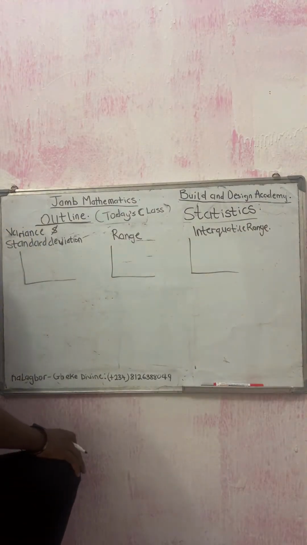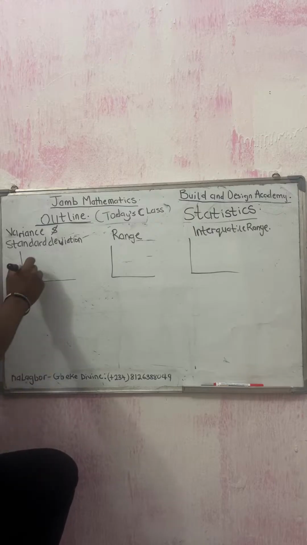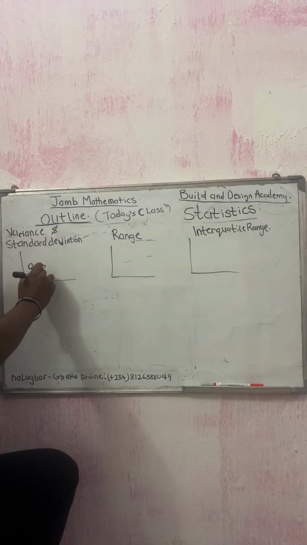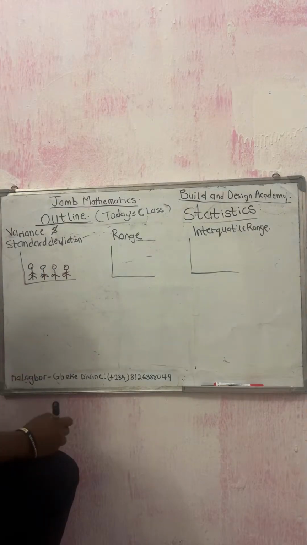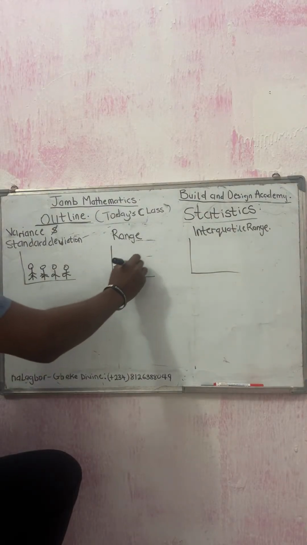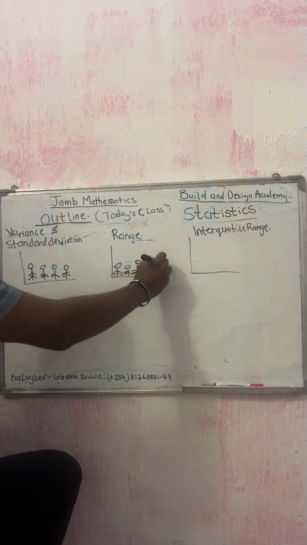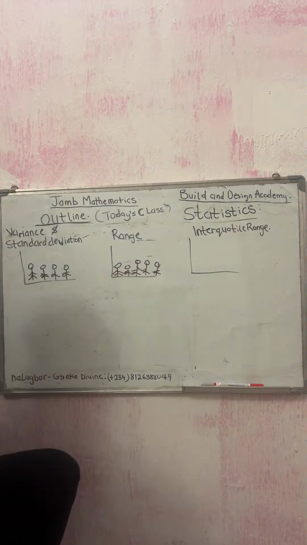Now, for standard deviation, we can use an equation. Let's say we have something here like this. The range, let's just say we have this, this, this, this, this.